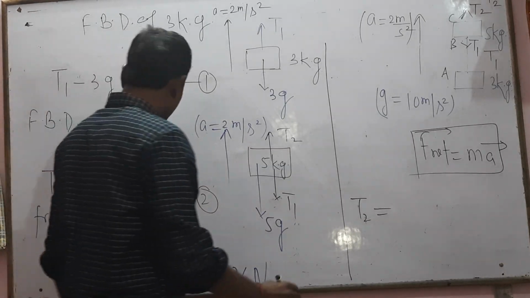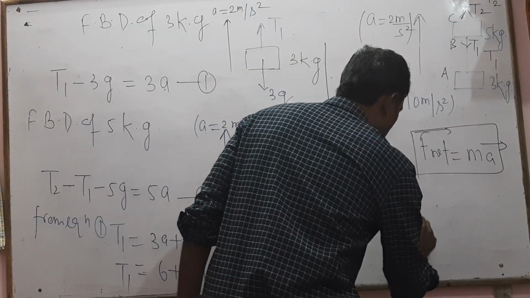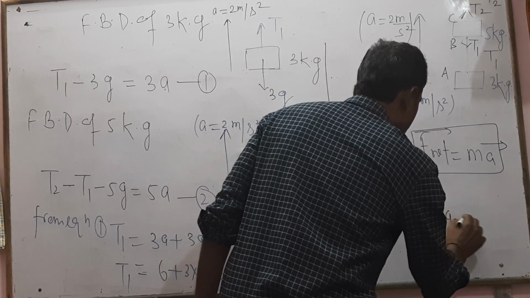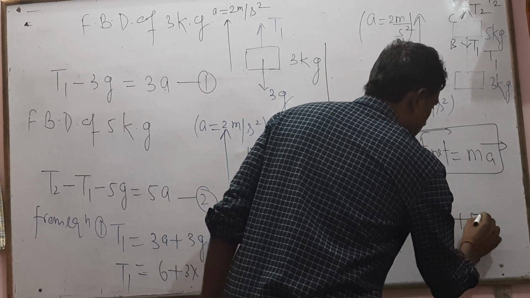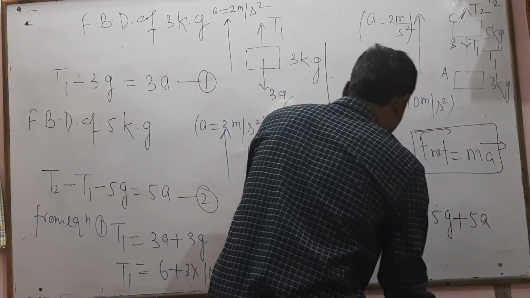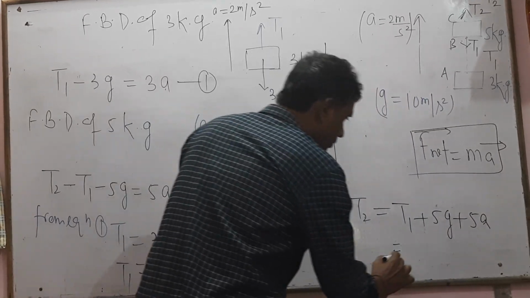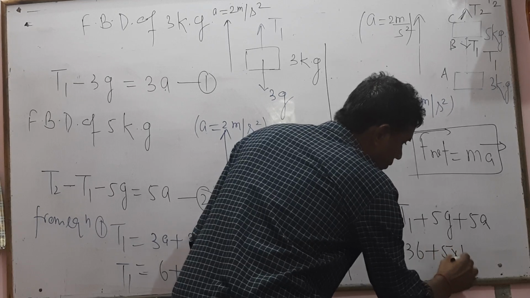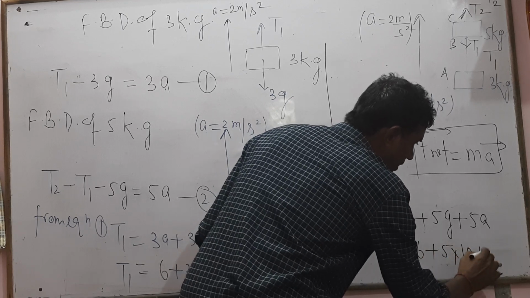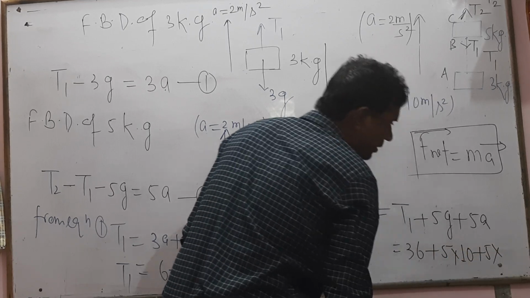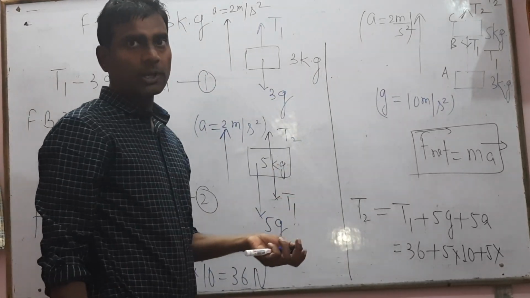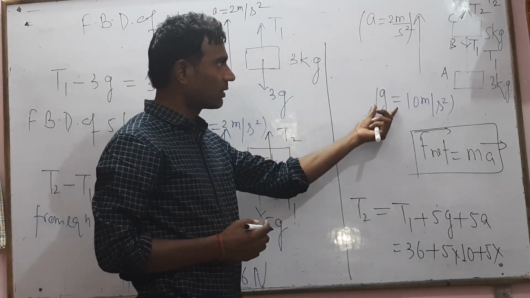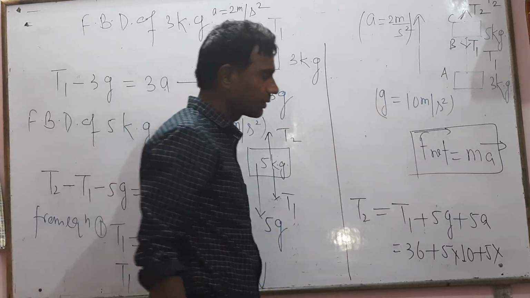So T2 equal to T1 plus 5G plus 5 into A. T1 equal to 36 plus 5 into G. Let us suppose G equal to 10, because we are changing the value of G. Before, the value of G equal to 9.8 meters per second square, but due to calculation, we take 10 meters per second square.